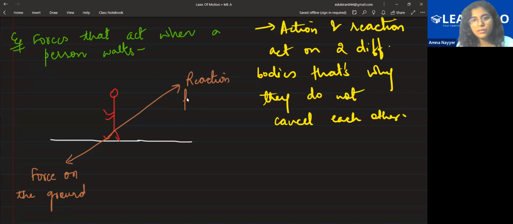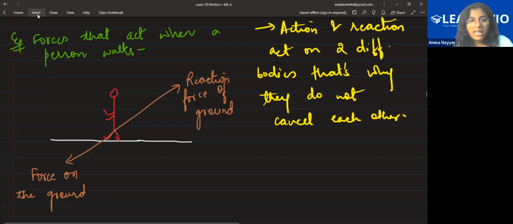One was the action when the heel strike was done. Now this is the reaction. So the action means the heel strike, and the reaction means the reaction force of the ground. Now this is the reaction force, which is R.